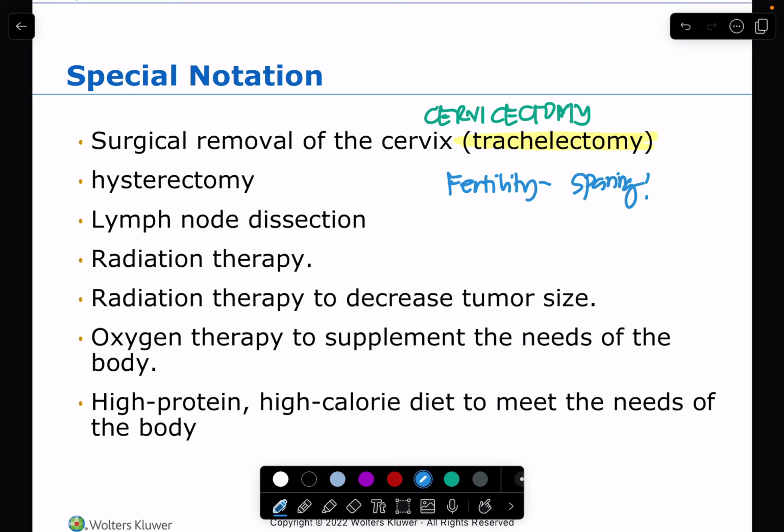Okay? Hysterectomy. Okay, so hysterectomy is a type of procedure kung saan the uterus is removed. That is hysterectomy.